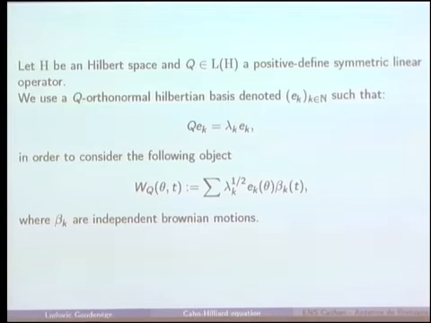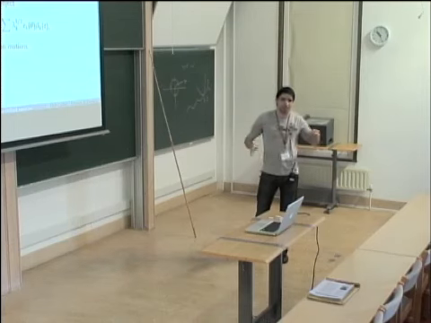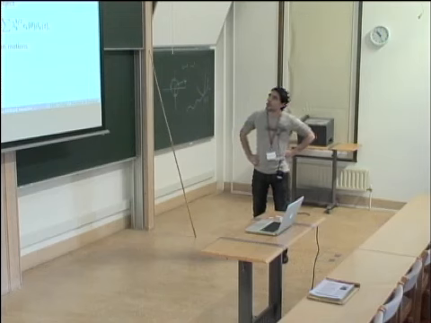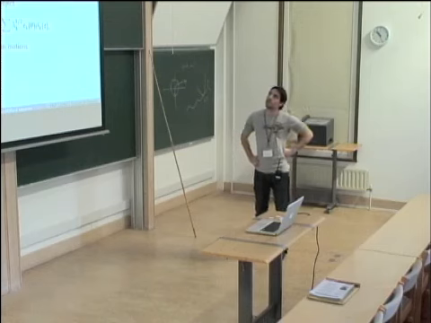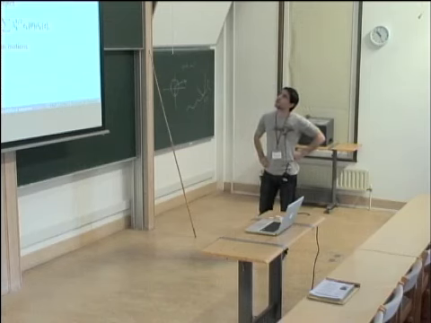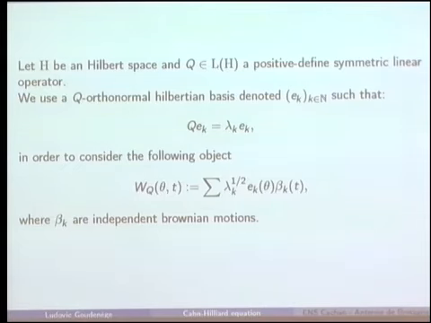And since I am in class B, I will explain with the B class. But maybe for everyone the equivalence is clear. Okay, so let H be a Hilbert space and Q a positive definite symmetric linear operator.